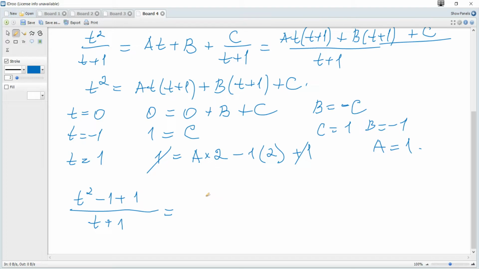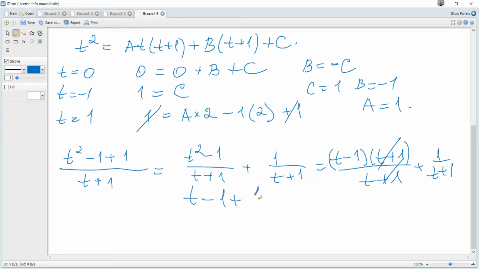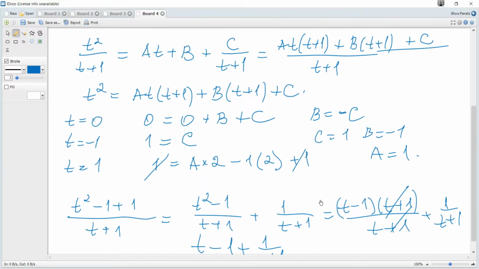Because I can see that if I split it into two fractions, it becomes t squared minus 1 over t plus 1, and t squared minus 1 is a formula, it's t minus 1 times t plus 1, over t plus 1. The t plus 1 cancels, and we get t minus 1 plus 1 over t plus 1. The same result: a is 1, b is negative 1, and c is 1.